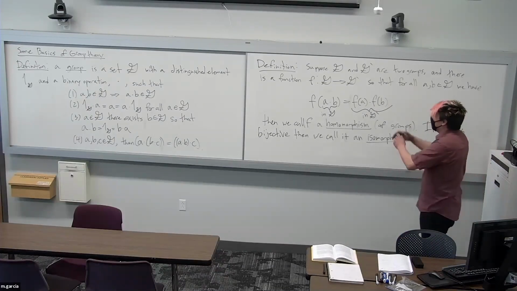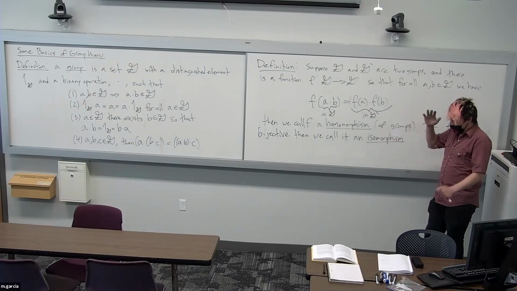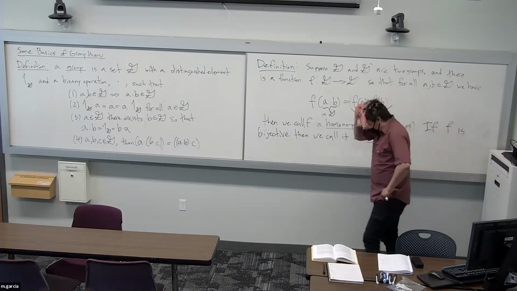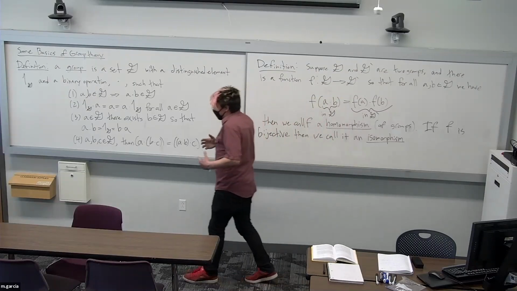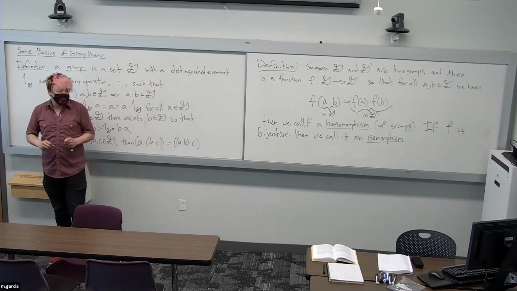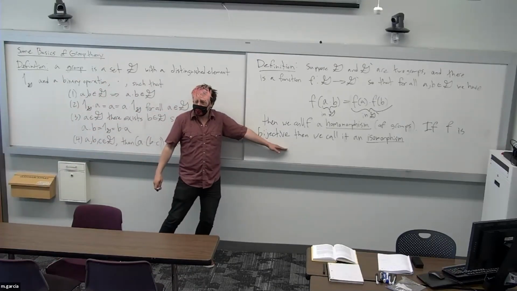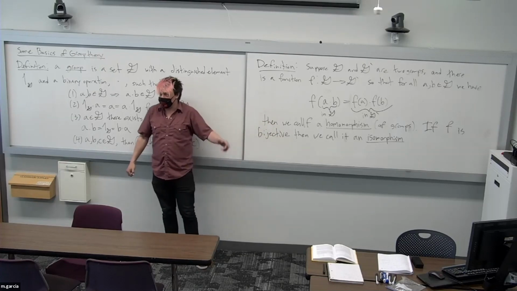So this is what we want. When I say I want to determine if two groups are quote unquote the same, what I mean is I want to construct an isomorphism. I want to construct a bijective function that preserves the group operations.